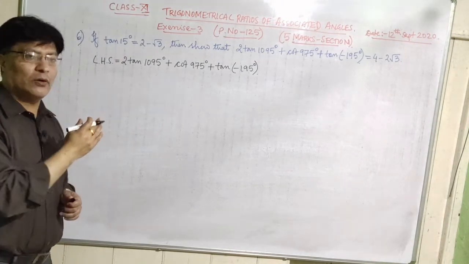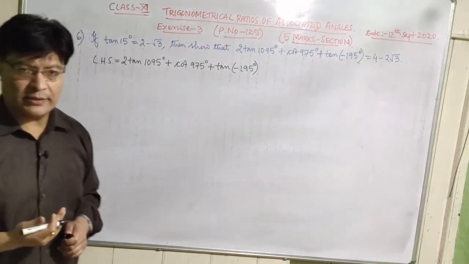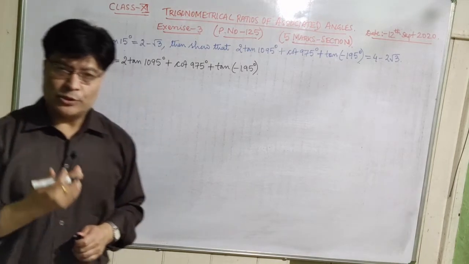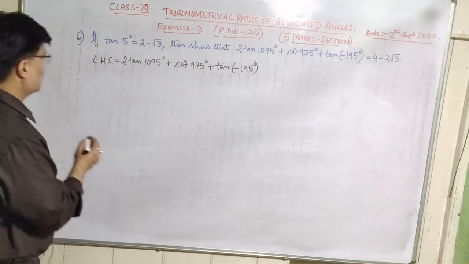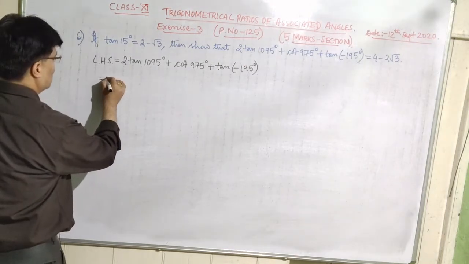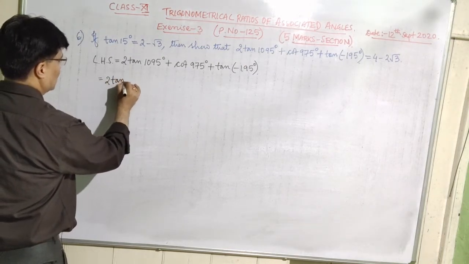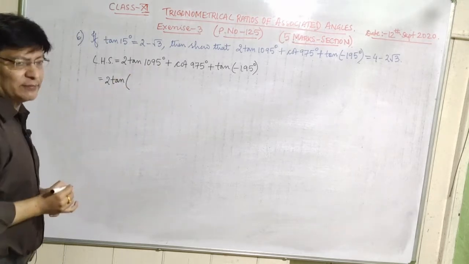So here all the angles are more than 360 degree. So let us divide the angle by 360 degree. So it is equal to 2 tan, so now 1095 degree.